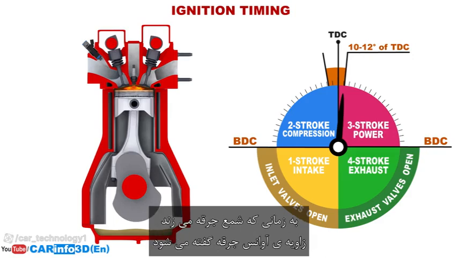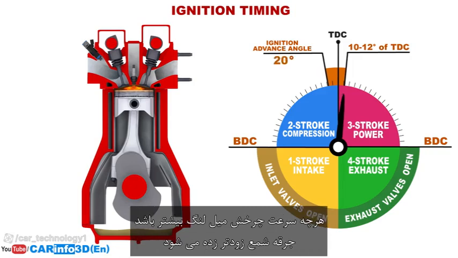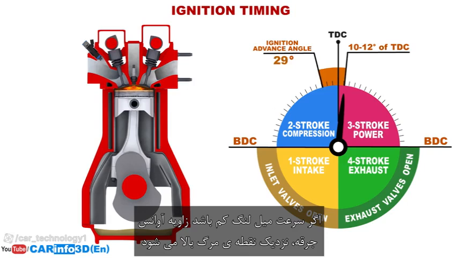The moment at which the spark plug fires is called the ignition advanced angle. The optimal ignition advanced angle is determined by crankshaft speed. The higher the crankshaft speed, the earlier the spark plug must fire. If the crankshaft speed is low, the ignition advance angle should be closer to top dead center.